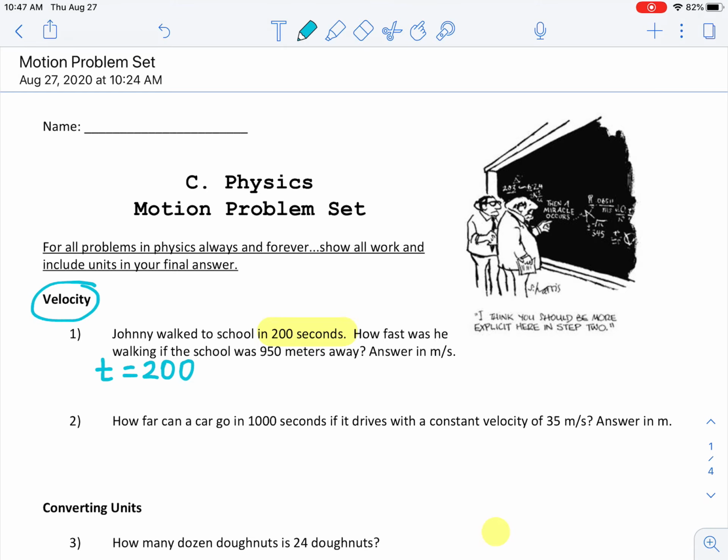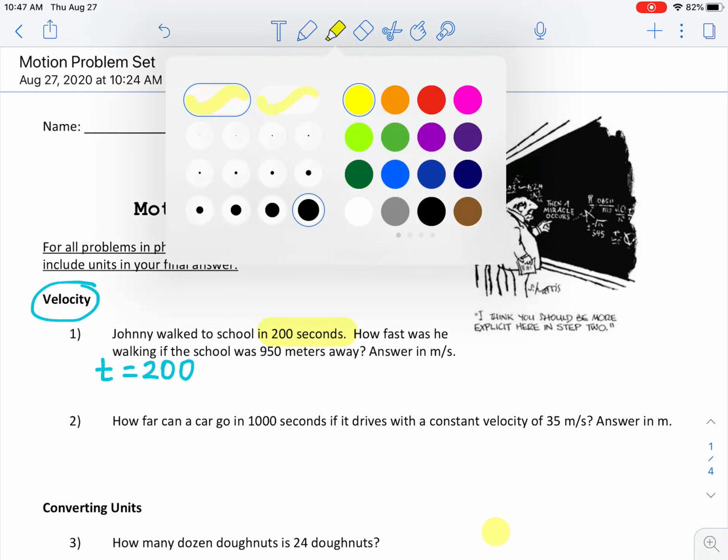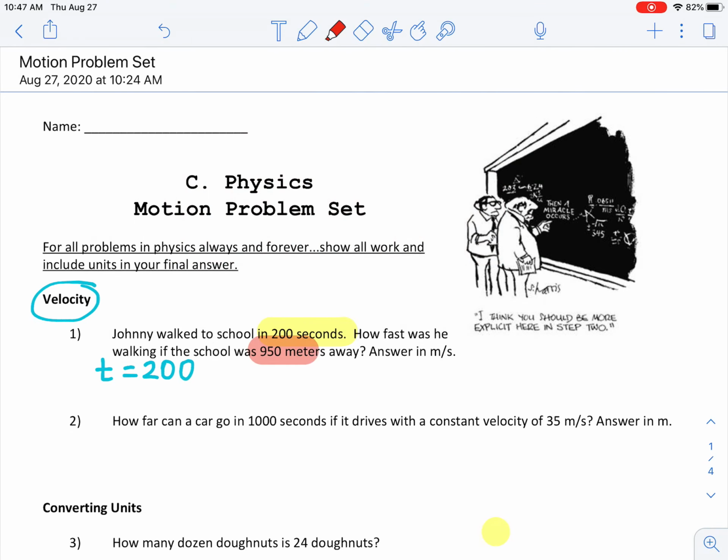How fast was he walking if the school was 950 meters away? 950 meters is a distance. You might be tempted to write D for distance, but remember that our physics formula used triangle X as displacement or distance. You'll get used to the variables.